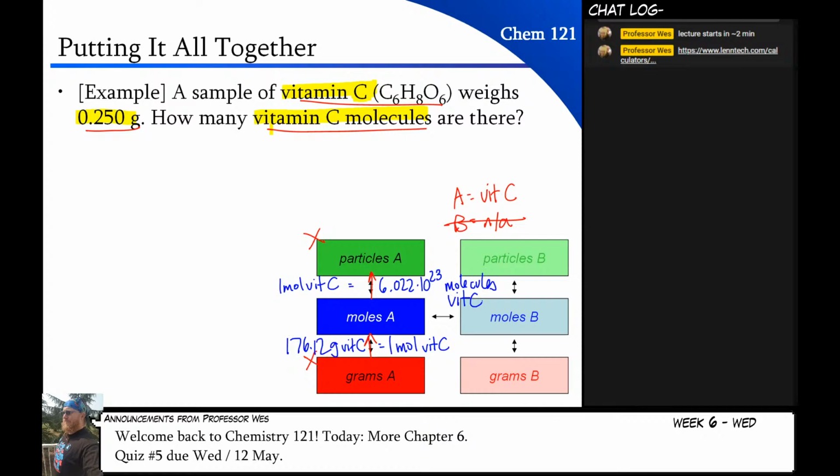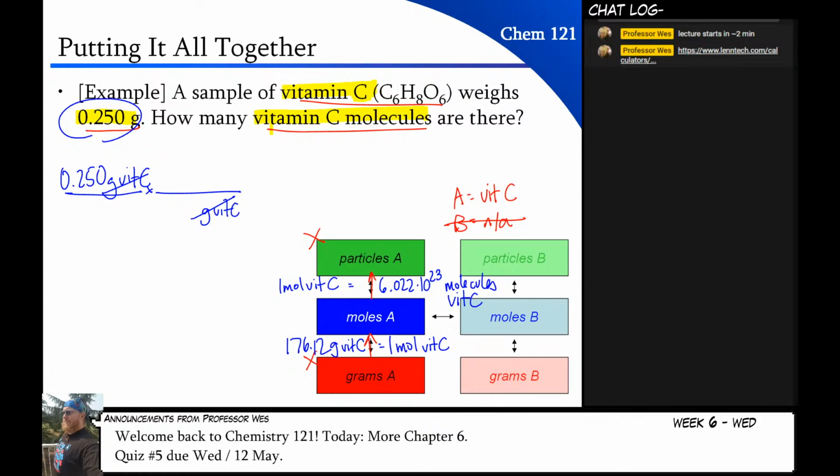Now that we have all those relationships, we can then do our dimensional analysis. So let's do that. I gave you 250 milligrams, which is this many grams. I'm going to cancel this unit out with something.